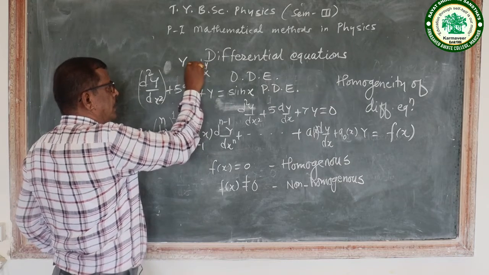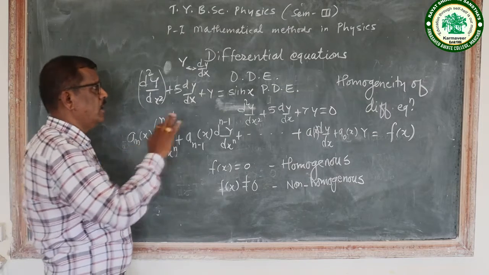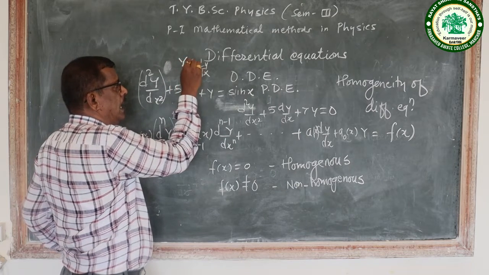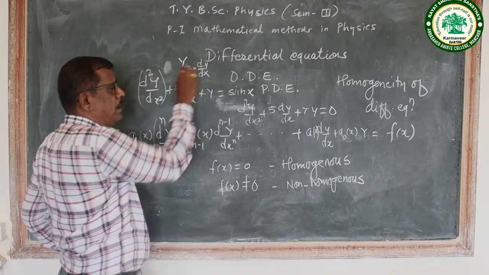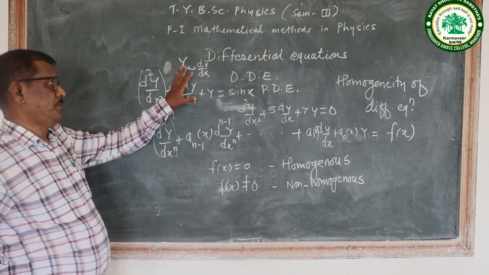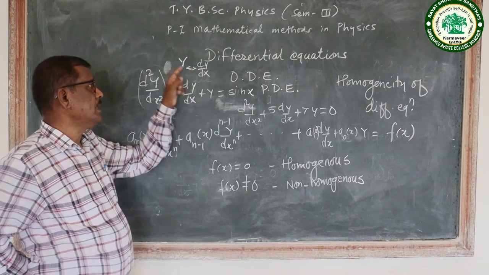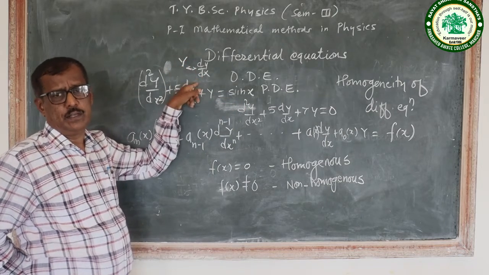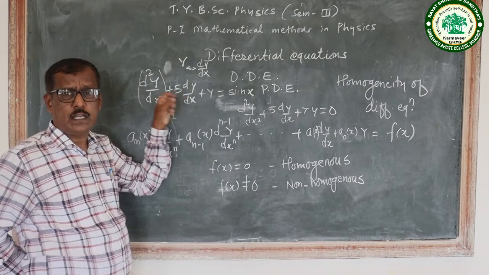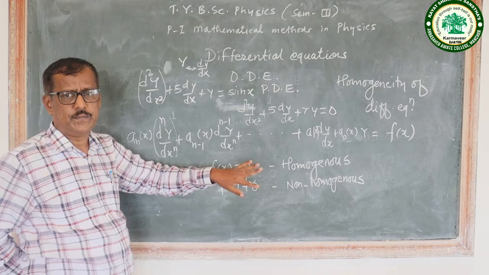In a partial or an ordinary differential equation, if the differential equation does not contain the product of the dependent variable and its derivative, that is y into dy by dx, then we call it a linear differential equation.